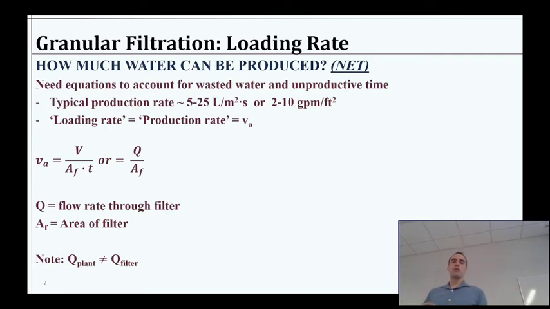All right, so in terms of producing water, we really are looking for the net amount produced. So we've got a couple of equations to look at, but real quick, first, a typical production rate in terms of how quickly we're loading water onto our bed. So if we have a sand bed here, we're loading water onto it at some rate, and we're going to describe that loading rate as essentially a flux, because it's going to be some amount of water going through some area.